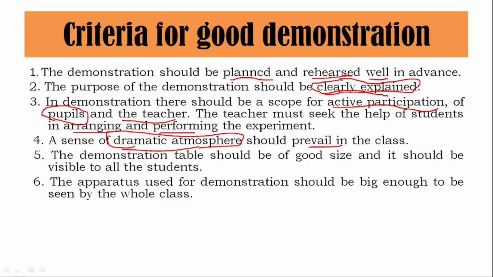The demonstration table, on which the demonstration is carried out, should be of good size and visible to all the students. All the students must be able to see the demonstration going on in front of them.